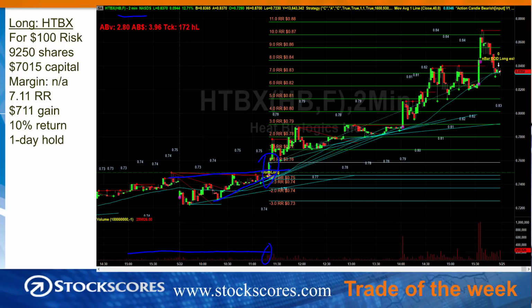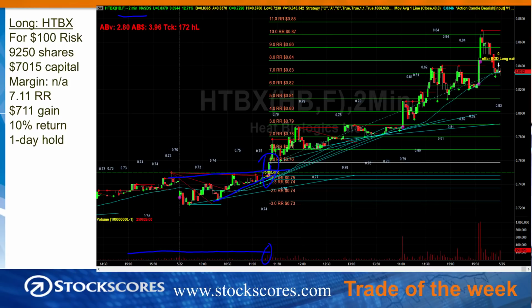So in this particular case, for $100 of risk, using that calculation I showed you earlier, the position size was 9,250 shares, which required $7,000 of capital. Now, we often think that lower price stocks, and this of course is a stock under $1, will be less capital intensive.